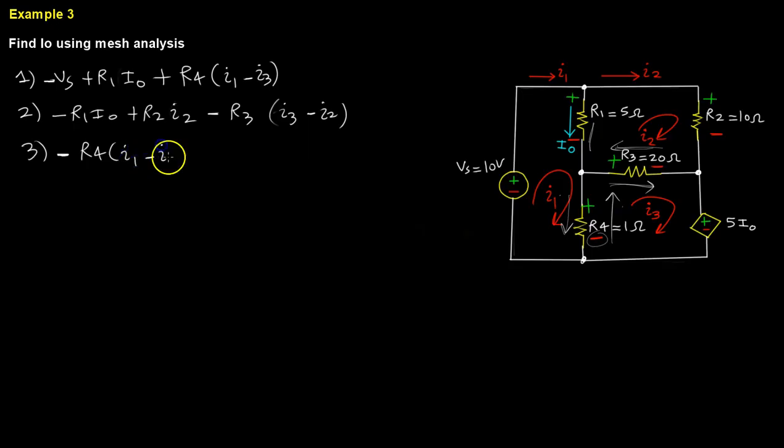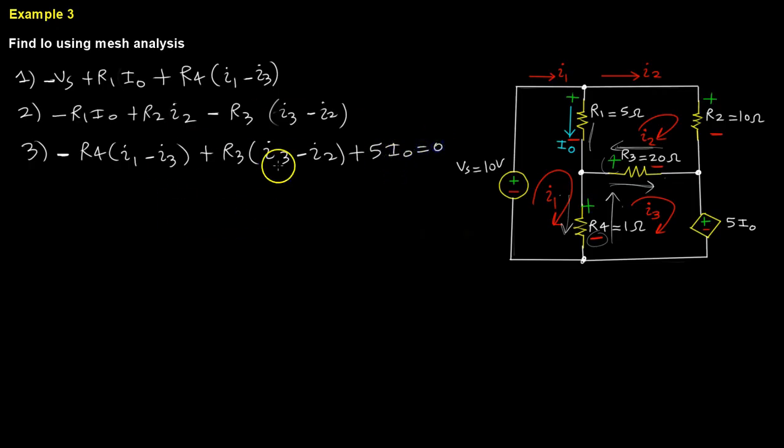Then, going clockwise, we're going to see a plus sign of R3 times, so we have R3 going with the flow and I2 going against it, so that's going to be I3 minus I2. Then we're going to continue and see a positive 5IO is equal to 0.